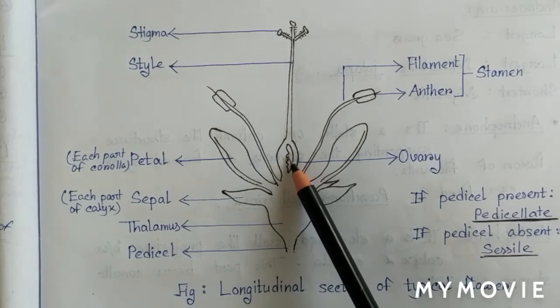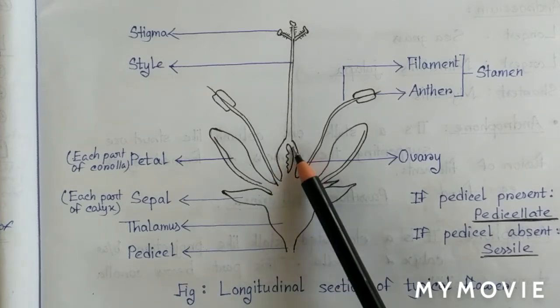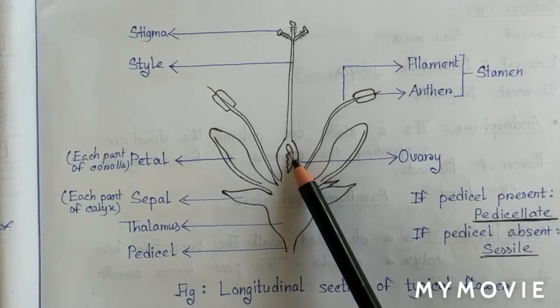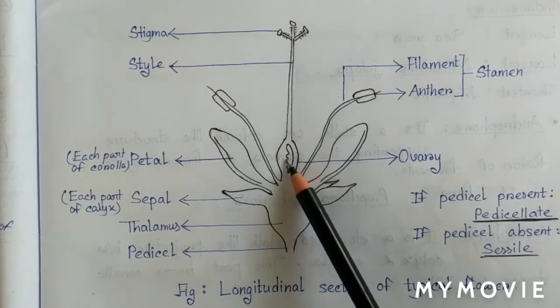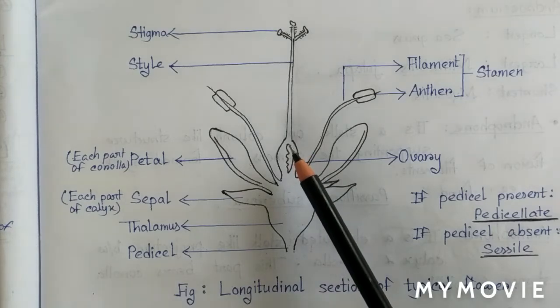and ovule turns into seed. This portion turns into seed and the total ovary turns into fruit. Ovary turns into fruit and ovule turns into seed. If the carpels are attached, then it is known as syncarpous.